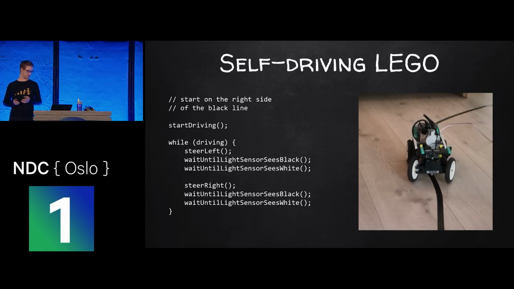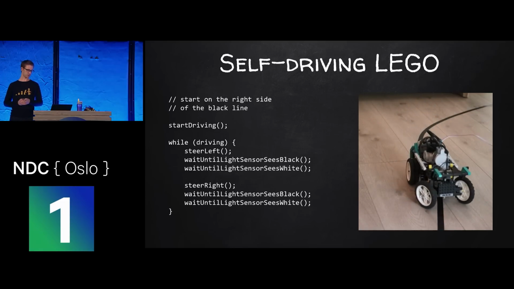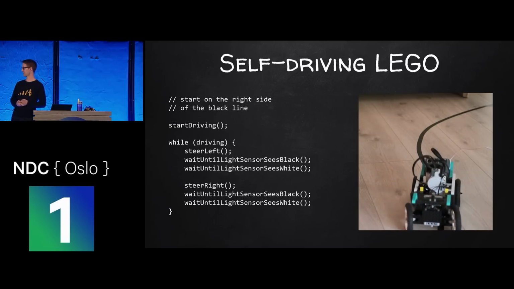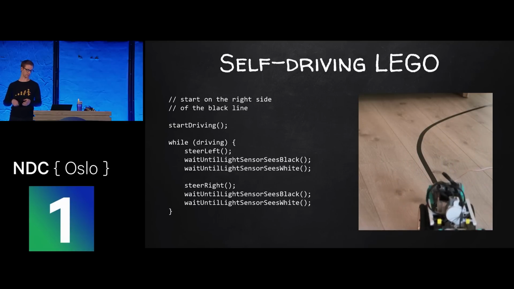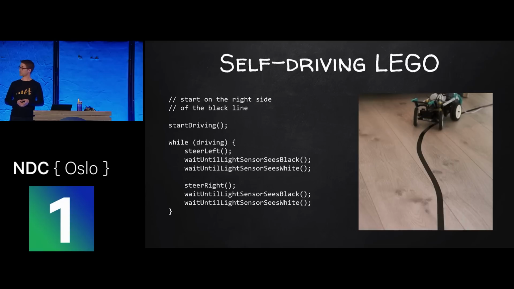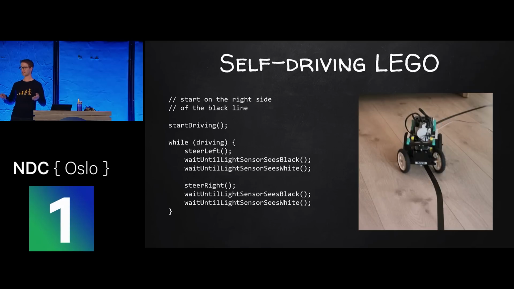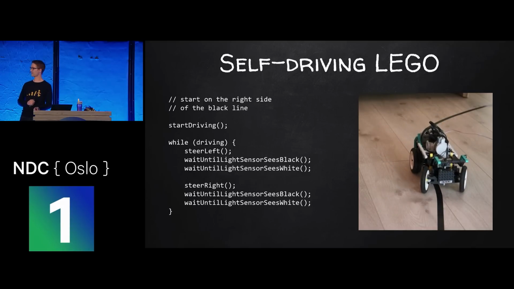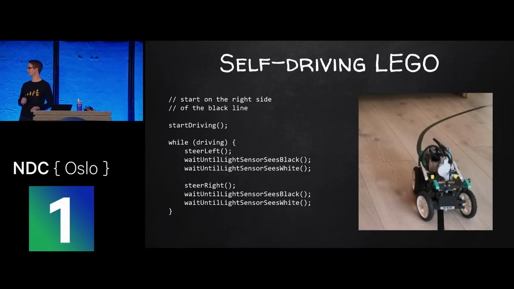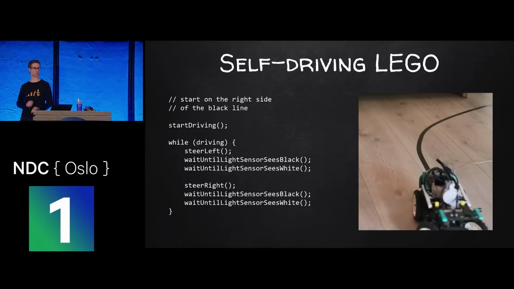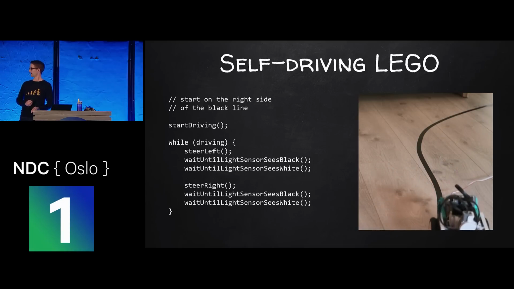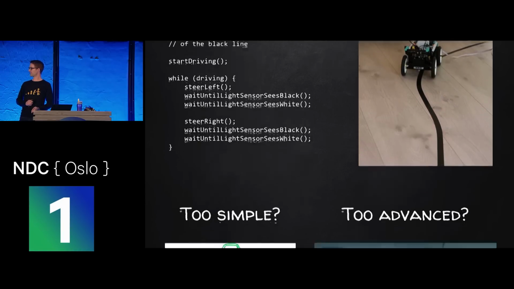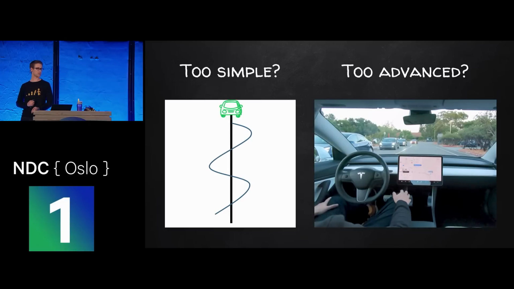Well, if we start on the right side of the black tape here, and then start driving, then we steer left, wait for a bit, steer right, wait for a bit, steer left, and so on. It is possible to follow the line, but the motion is even more wiggly than the one we saw before. So this might be a bit too simple if we want a Lego car to steer by itself.